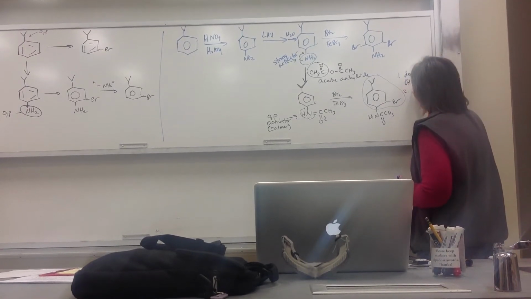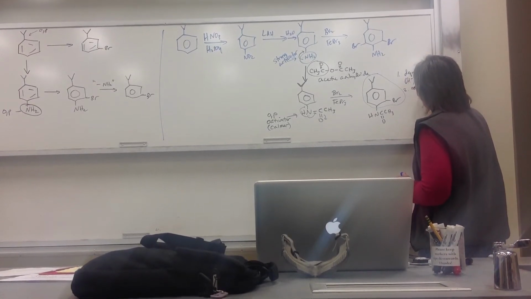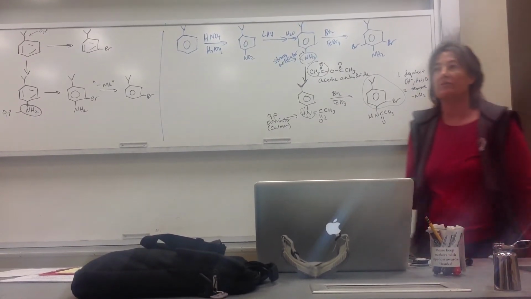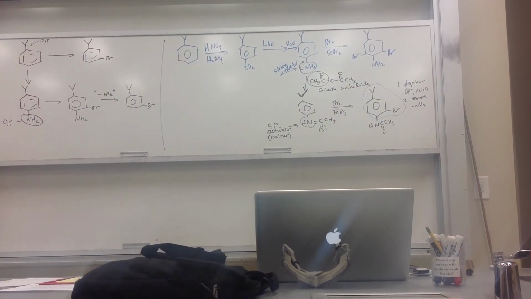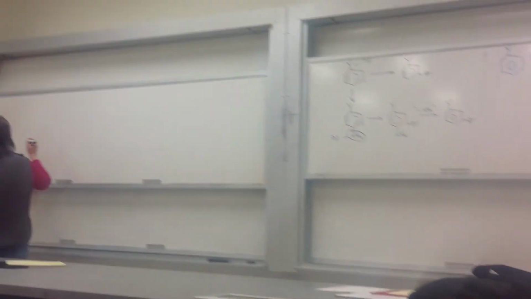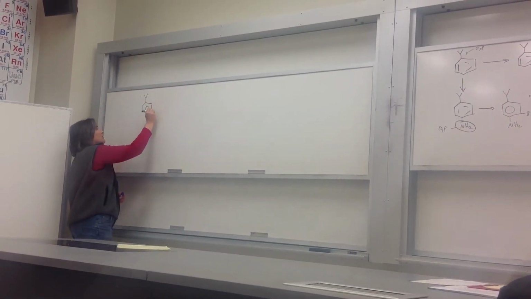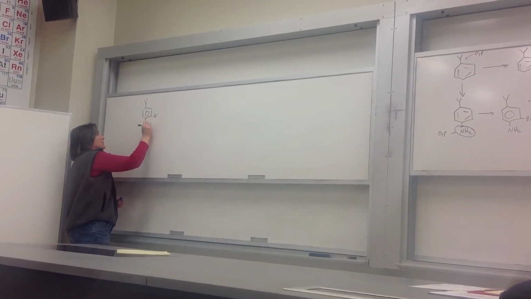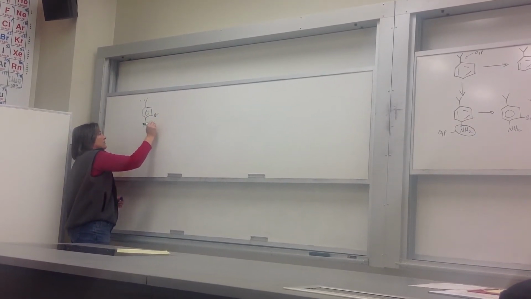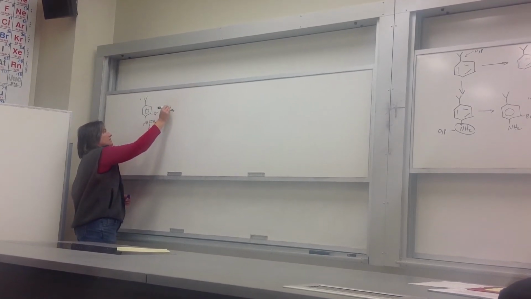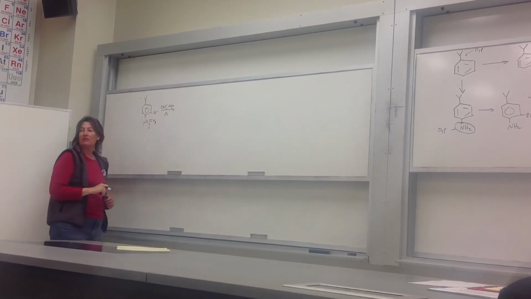And then we need to remove the NH2 that's remaining. I just have to get rid of it. So let's go ahead and go through that series right here. I'm going to redraw it. So, to deprotect, OH minus, H2O, heat.